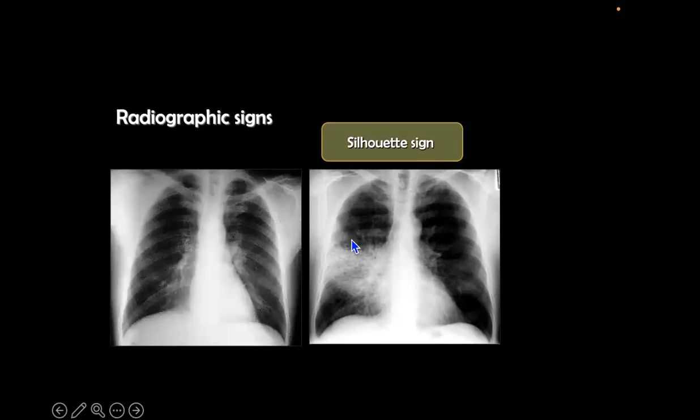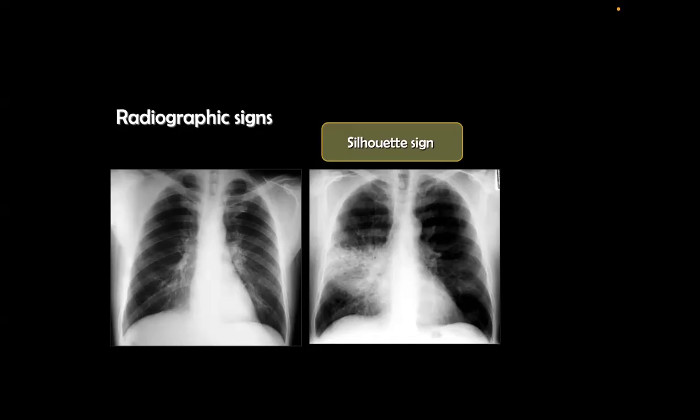By silhouetting sign, we mean this is the heart. You can see the heart border very clearly. Here you cannot see the heart border. So this is a silhouetting sign. Silhouetting means inability to see the things very clearly. So this is a consolidation, or an opacity, because when we talk about chest radiograph, we prefer to use words like opacity. It's better than consolidation.